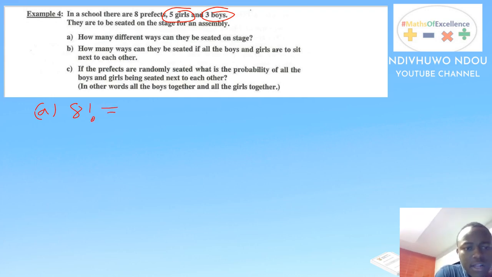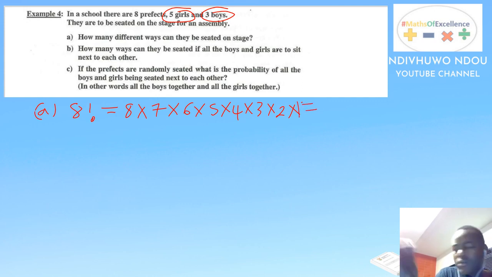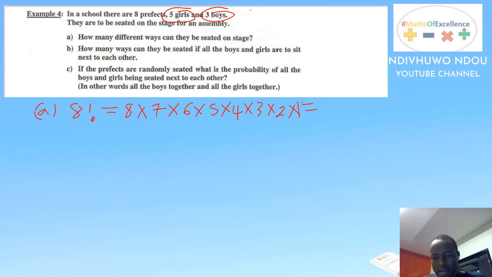So 8 factorial is the same as 8 times 7 times 6 times 5 times 4 times 3 times 2 times 1, right? You can just use a calculator to get the final answer. Unfortunately, I don't have a calculator close to me, so just use a calculator, then you get the answer, right? So that's it. So B, let's go to B.